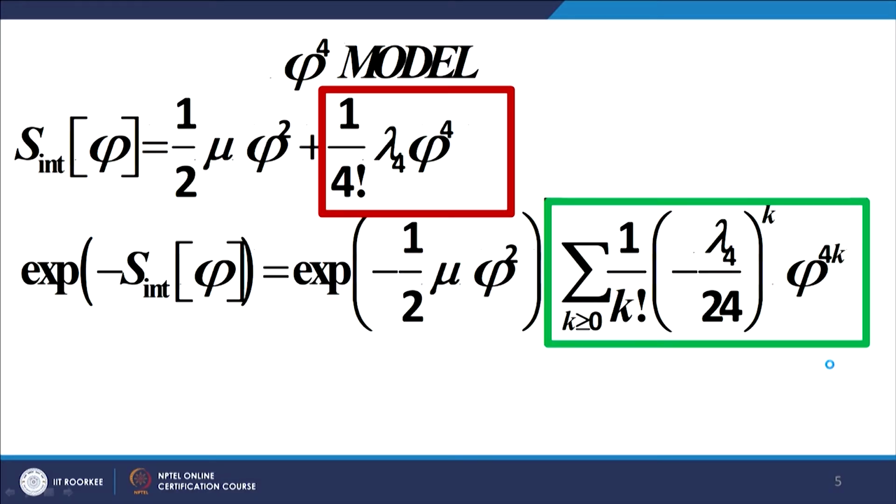Then we talked about the interaction represented by the phi to the power 4 term in the action. We added this term to the action, and on the premise that the coupling constant lambda 4 is very small, we expanded this action as a perturbation series in powers of lambda.